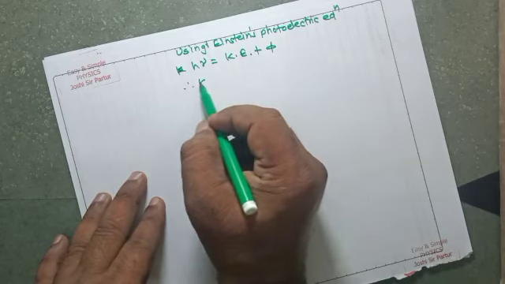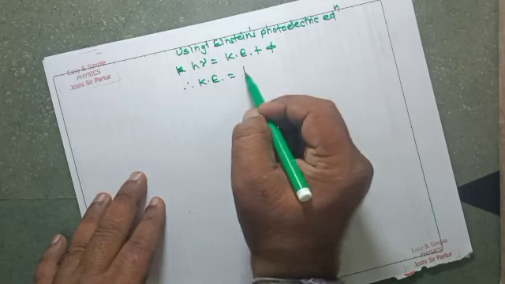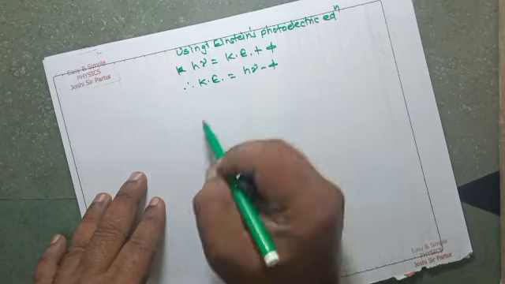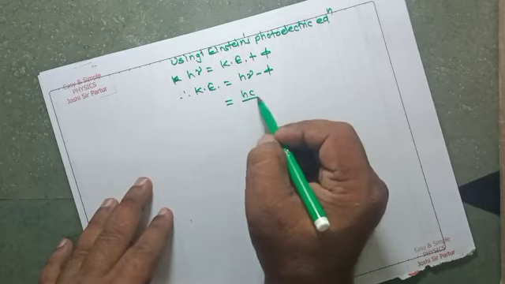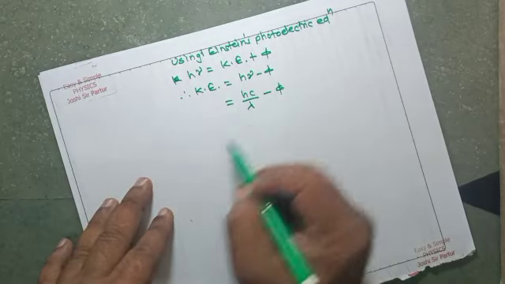So therefore kinetic energy is equal to h nu minus phi, that is hc upon lambda minus phi.